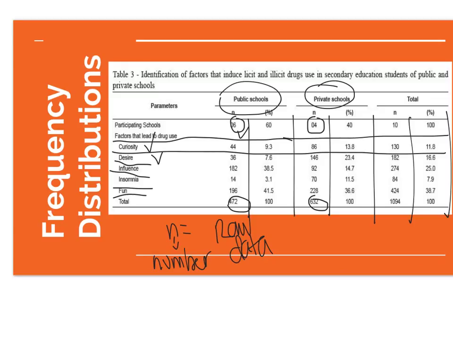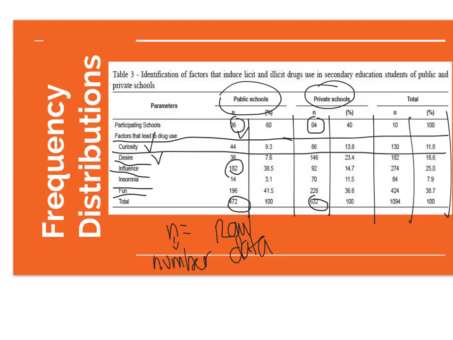And then this is the data described in terms of, because it doesn't make sense to report those students that do not engage in drug use if the question is only what triggers drug use. I'll explain one. So let's go with the public schools. What is the factor that is most often a trigger for drug use in public school students?